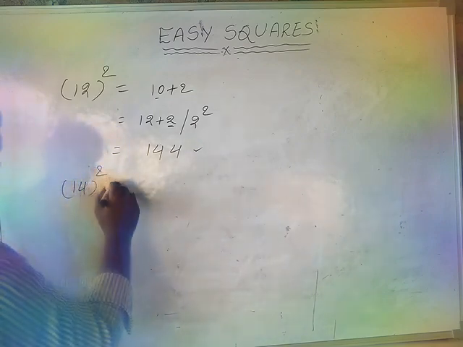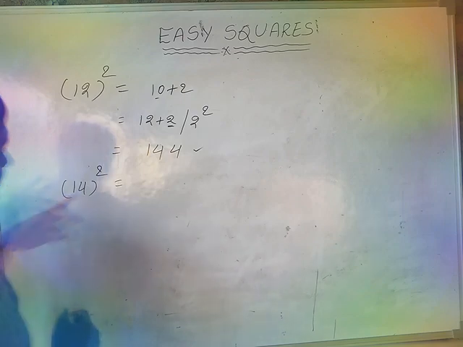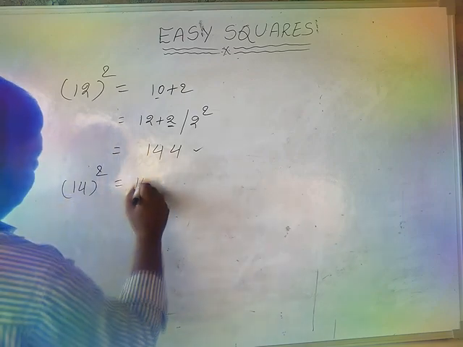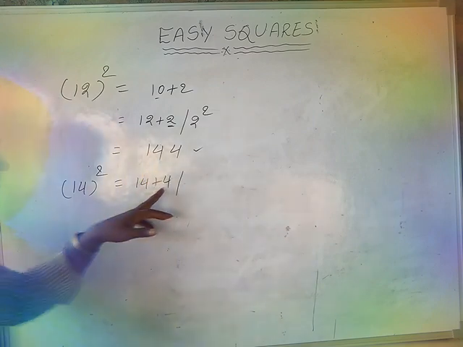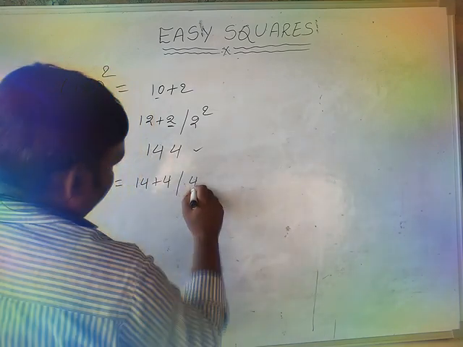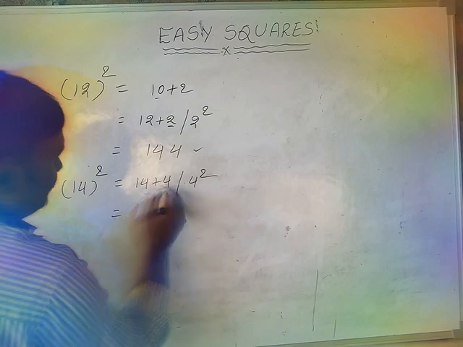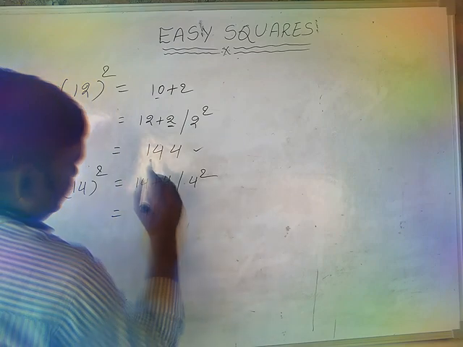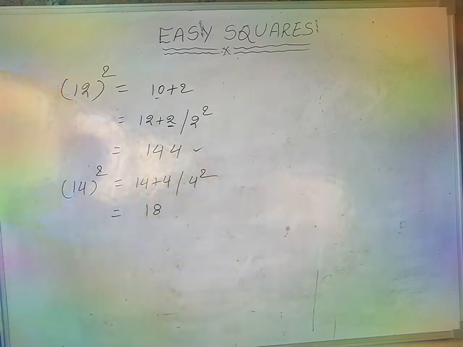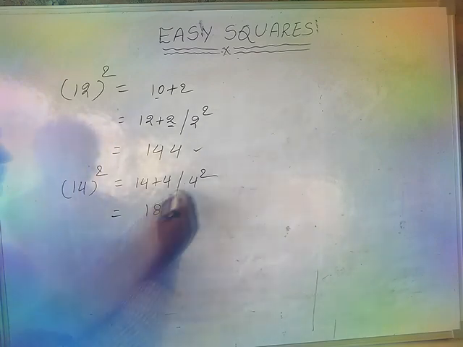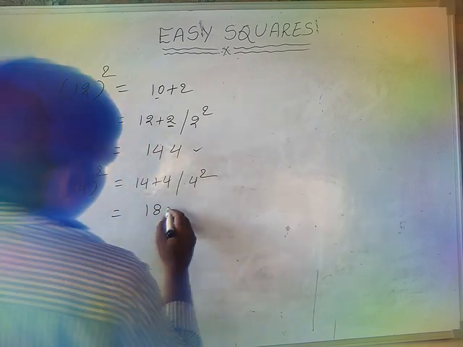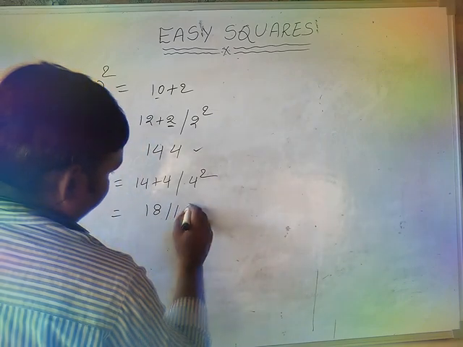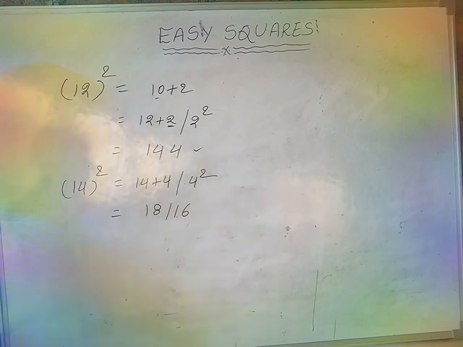Next, another number we can observe here: 14 whole square. So 10 plus 4, that means 14 plus 4, slash, the square of 4. So 14 plus 4 is 18, and 4 square is 16.